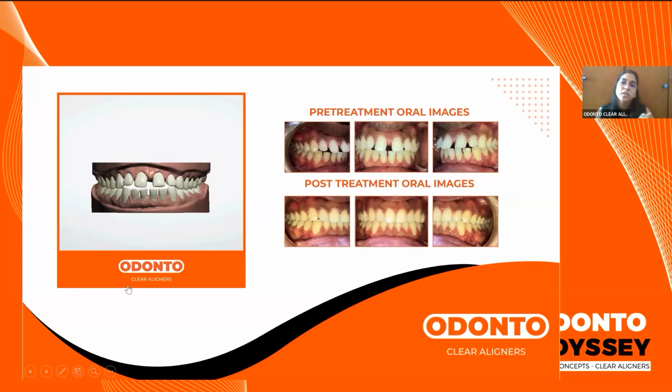In such a case, what you can do is first bond your fixed retainer, opt for a fresh scan or a new impression, and then we can always send you the retainer which is fabricated on top of it. Because if you first bond the fixed retainer and then ask for a retainer, then the retainer will not fit because your fixed bonded retainer will come in the way of it. So this is something you'll just have to factor in at the end of treatment, and you can have the aligner which will be the retainer which will be provided at the end of aligner treatment.